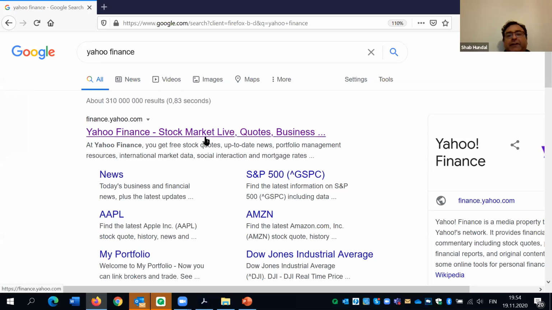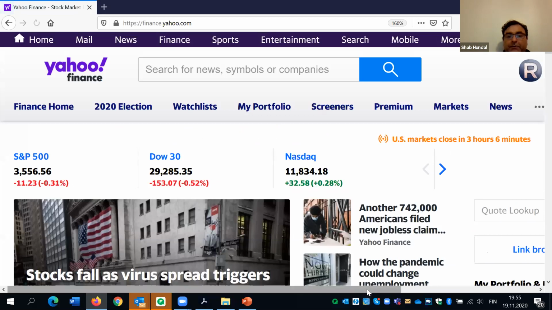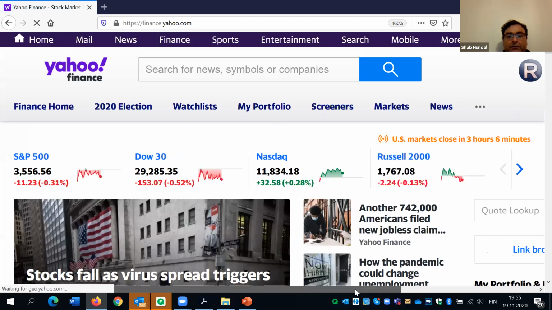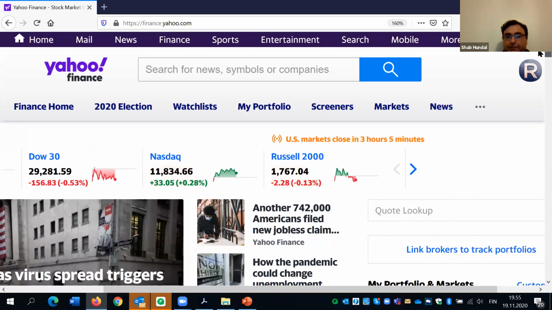Yahoo Finance, a fantastic website. If you want to see the real data, and you want to download the data, you want to see what is happening in the markets around you, then I think this is a fantastic source. Just click it, and here you see those tickers, but of course we can see more in a more detailed way here.